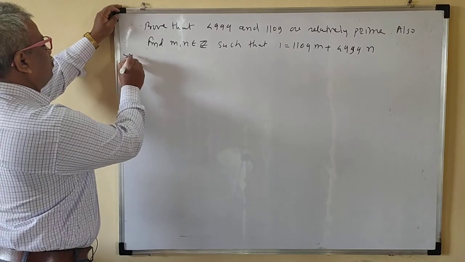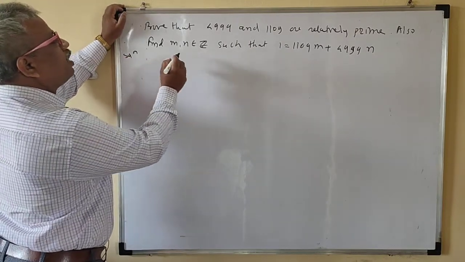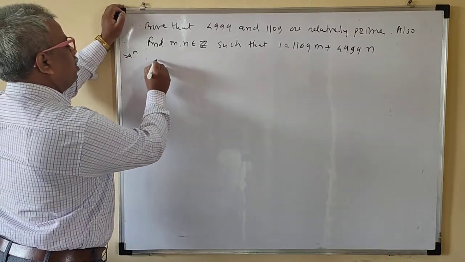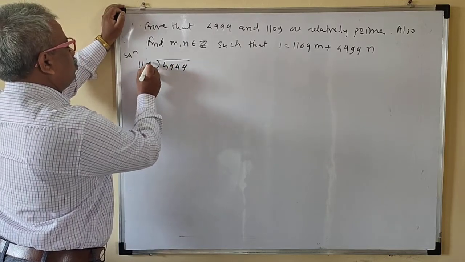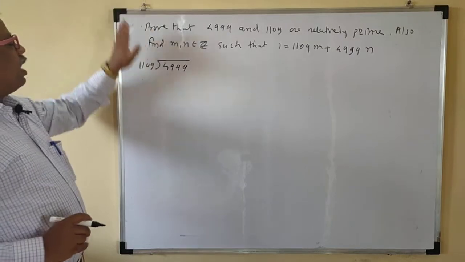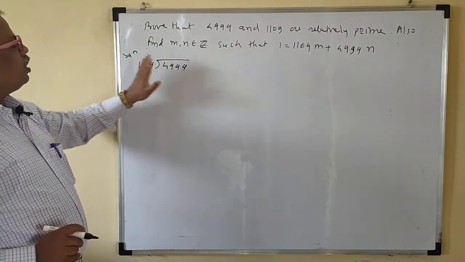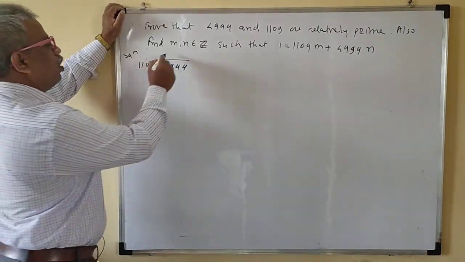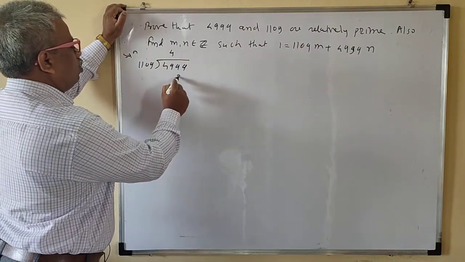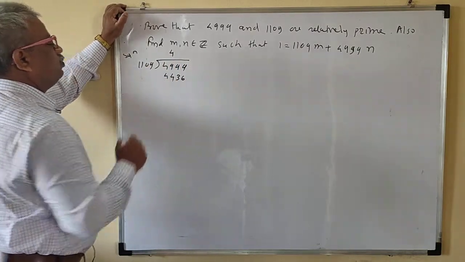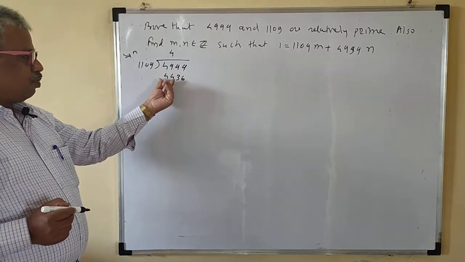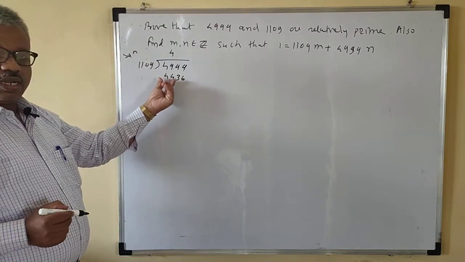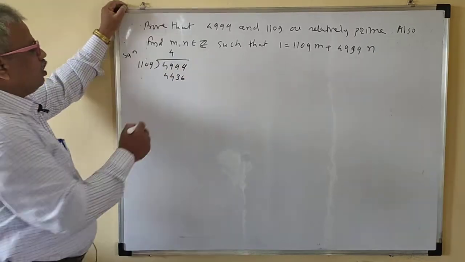Solution. Which number is greater? 4999. So 4999 and 1109. If you hide these two numbers, then this is 49 and 11. So try for 4 now. 4 times 11 is 44, 4436 is less than this, so it works now.